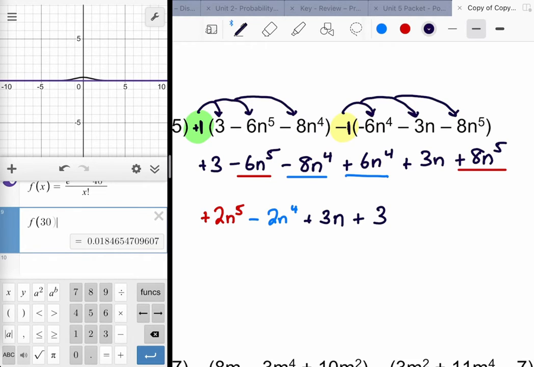All right. So just a word on that real quick. Again, a little bit about the theory. That 3 can be thought of as 3n to the 0th power. That 3n could be thought of as 3n to the 1st power. All right.